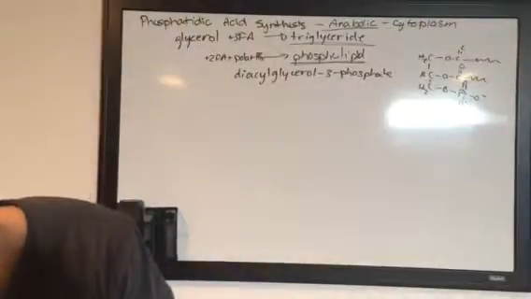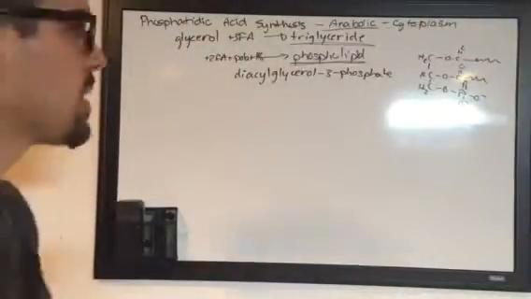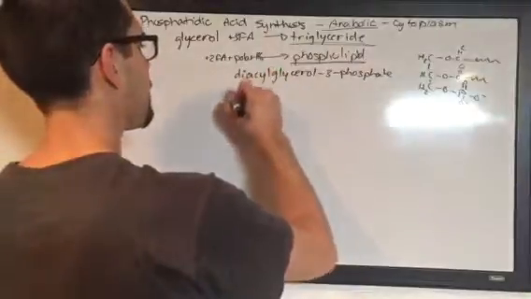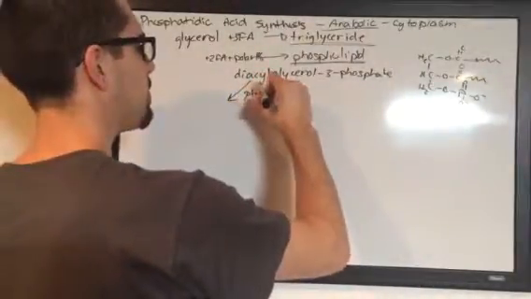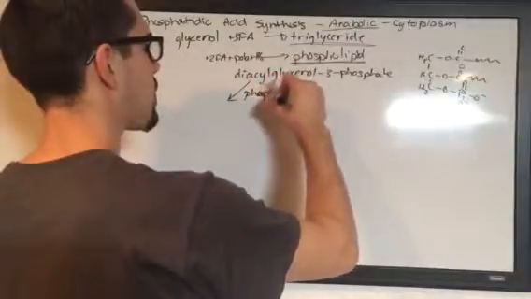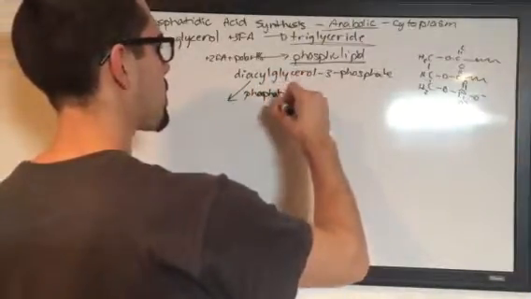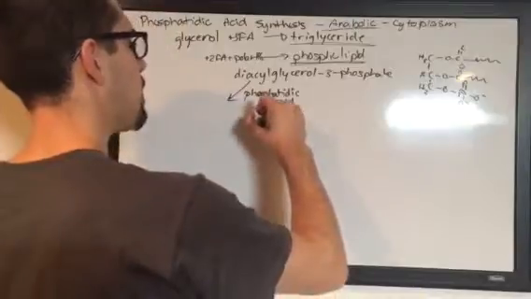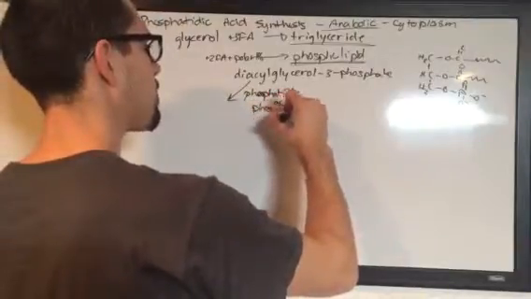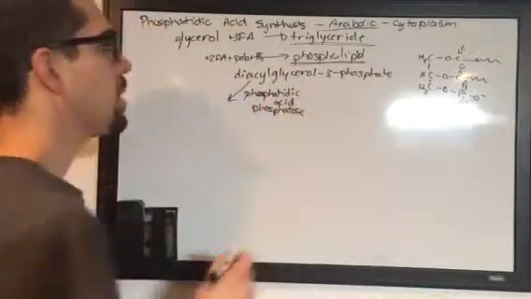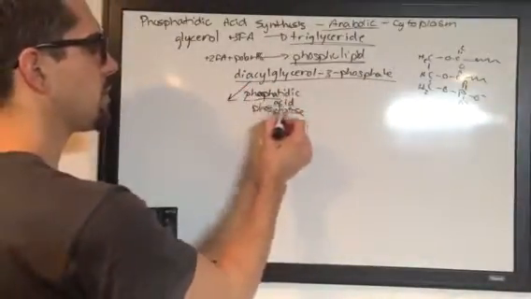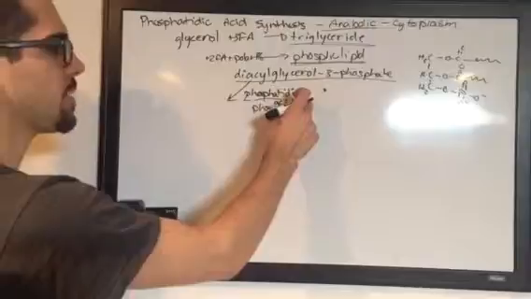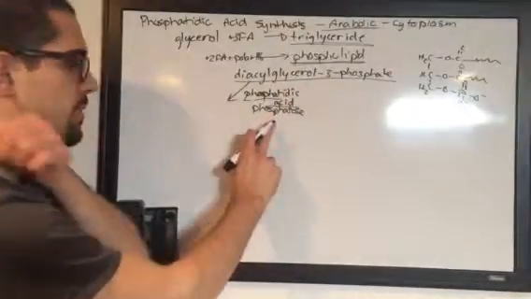So what's going to happen is we're going to have an enzyme act here called phosphatidic acid phosphatase. Again, our diacylglycerol 3-phosphate is our phosphatidic acid. So we have phosphatidic acid that's having a phosphatase activity.